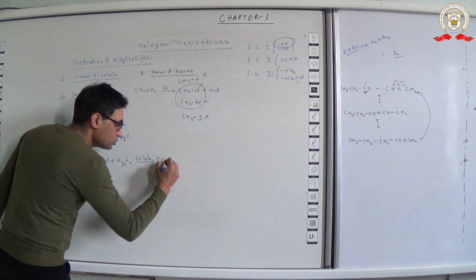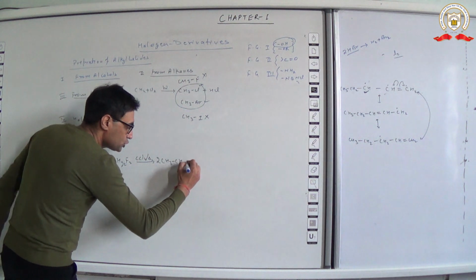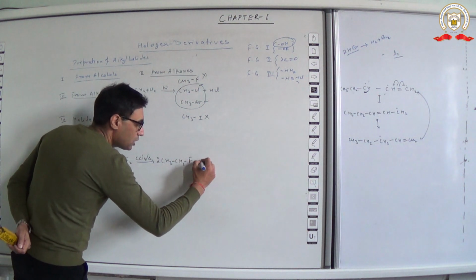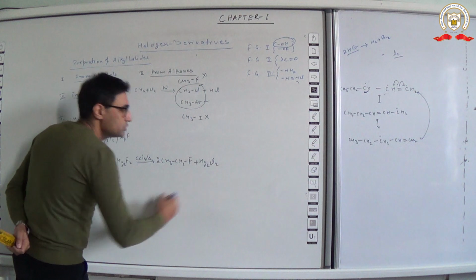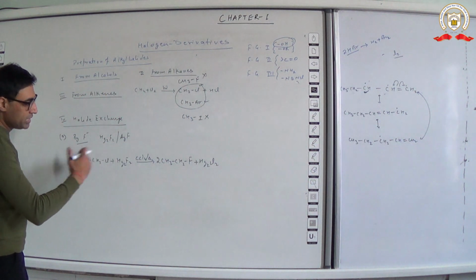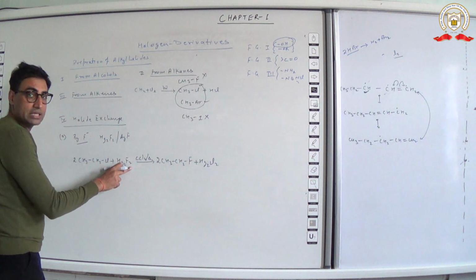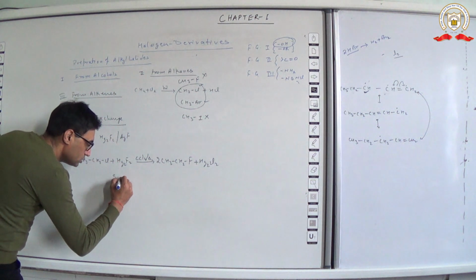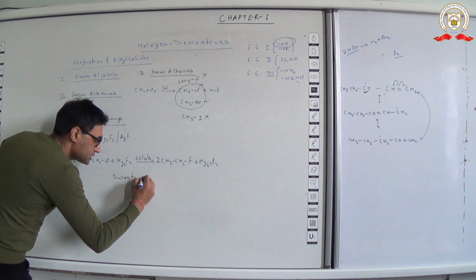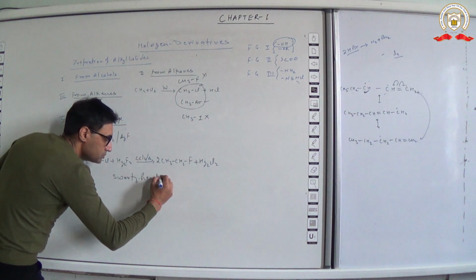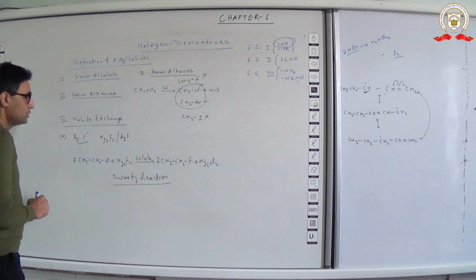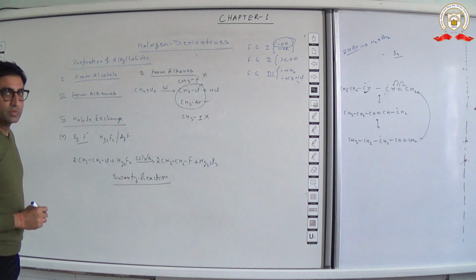I will get 2 moles of CH3CH2F along with Ag2Cl2. Halogen has got exchanged. Chloride ion has got exchanged by fluoride ion. This reaction is Schwarz reaction. So this is what Schwarz reaction is.